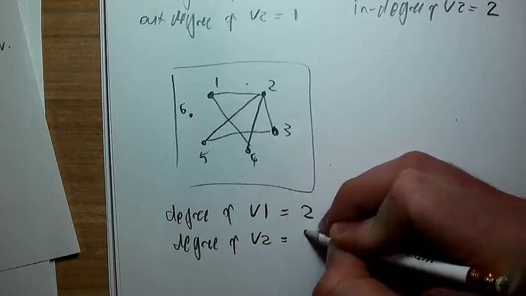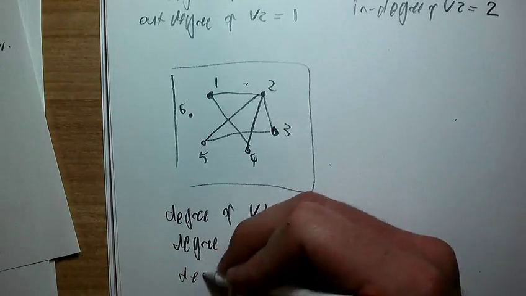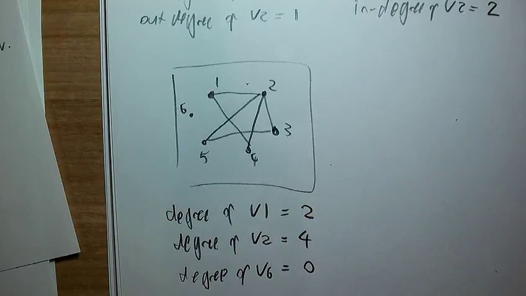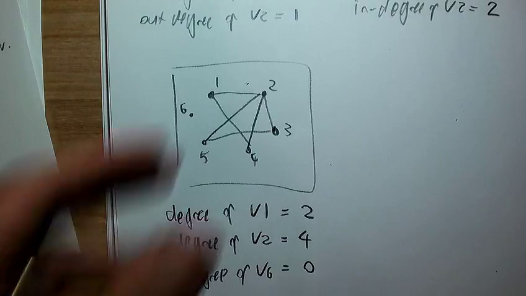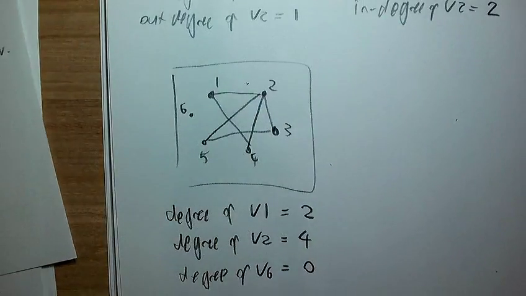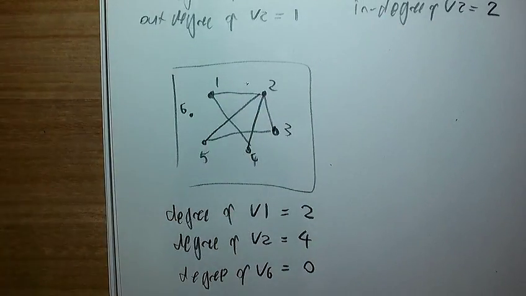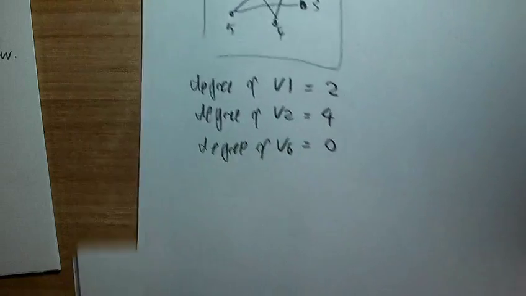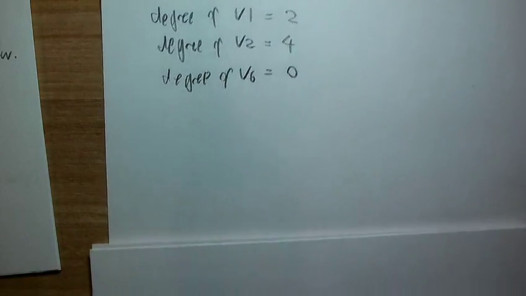The degree of vertex number 2 is 4 because there's 4 edges there. The degree of vertex number 6 is 0 because there's no edges there, and so on. That's what a degree is. So that's what we do when we're looking at just a single vertex. You can count up how many edges there are at that vertex. For the whole graph, you can count how many vertices there are in total, and how many edges there are in total.